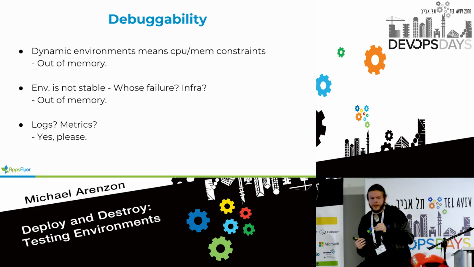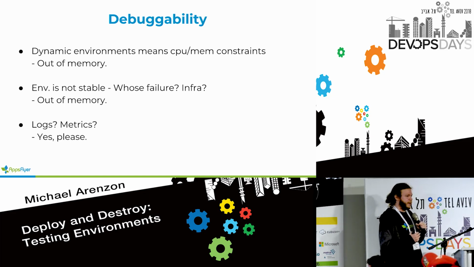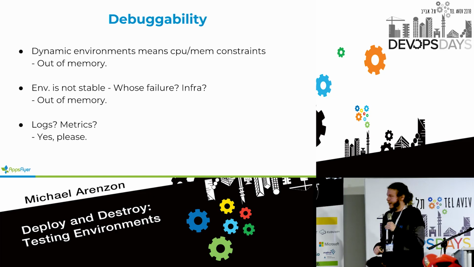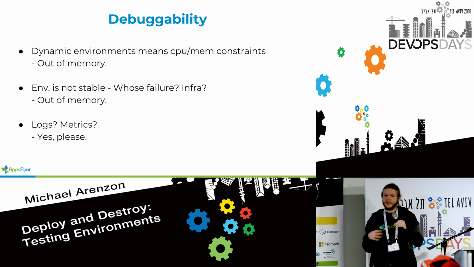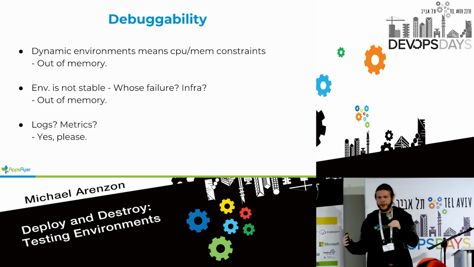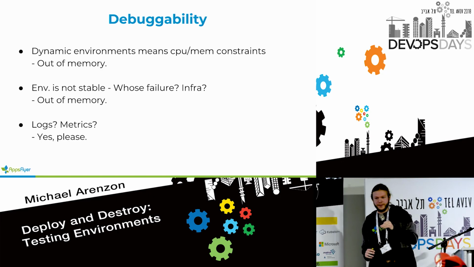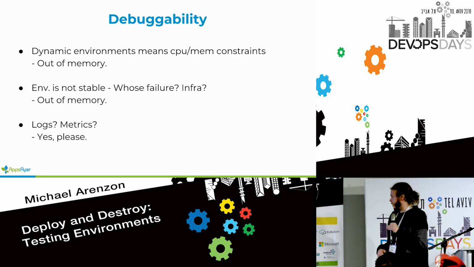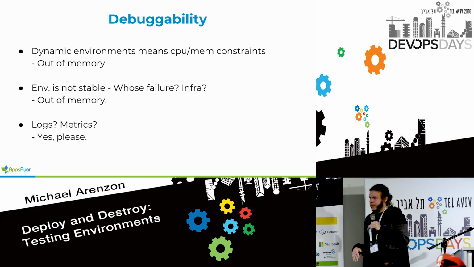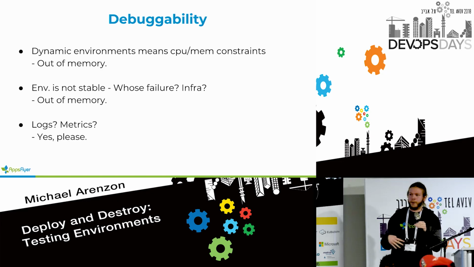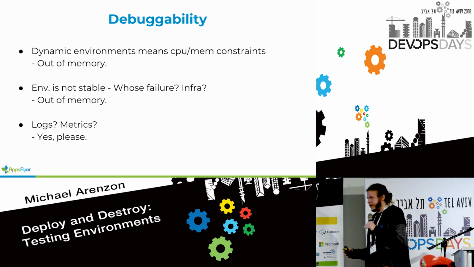Debuggability is also a problem, because usually in dynamic environments, people are never sure what happened to their service. One of the main problems is out of memory. People are not aware how much memory their services actually need. When we previously sat on bare metal or on VPS instances, we usually had large constraints, 16 gigs of memory, many cores, and people didn't even know how many resources they actually needed.